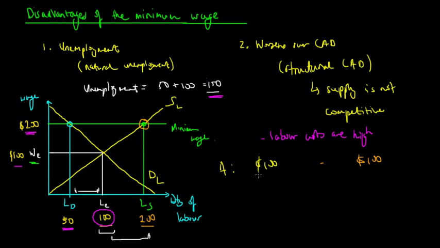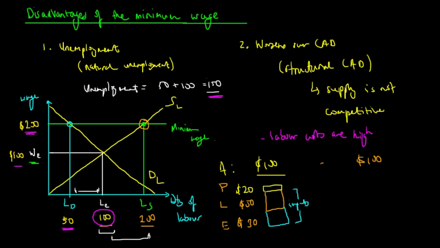However, if we break down the cost of this $100, we have profit. Let's call this $20 worth of profit here. Then we have $50 worth of labor, and then we have equipment, or variable costs, worth say $30. And so as a result, that's the makeup of the $100 charge. We have $80 worth of inputs here, and we have $20 worth of profit.